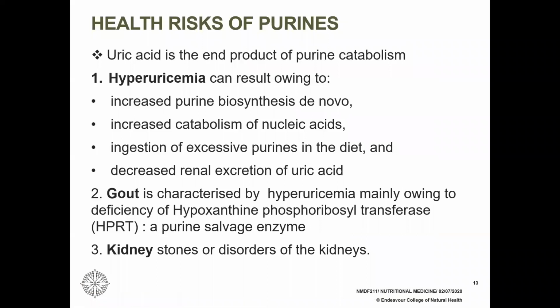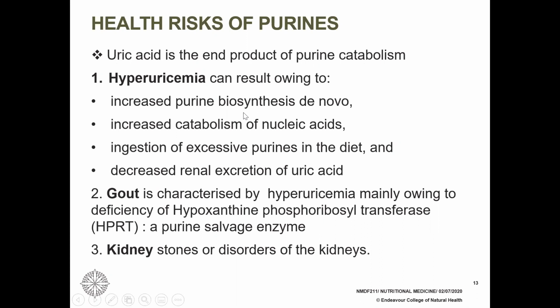So now what happens if there is an issue with purine metabolism? When we have made adenosine into AMP, guanosine into GTP, the process goes on and the body tries to use it. If the body cannot use it, then the end product is uric acid.